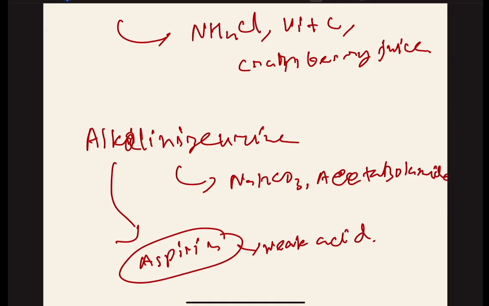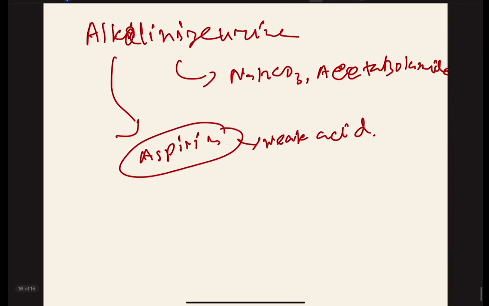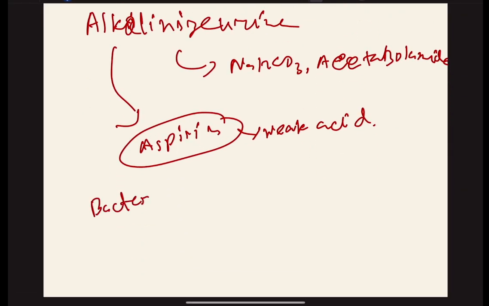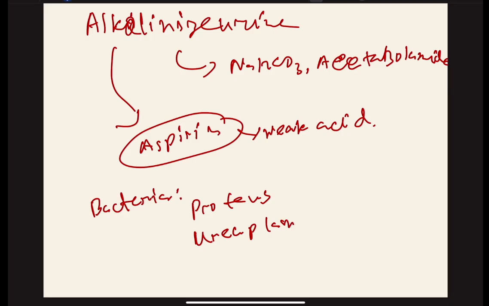To increase the excretion of an acidic drug, you can alkalinize the urine. There are also some bacteria that can make the urine acidic, like Proteus or Ureaplasma. Okay, so that's all for this video. Thank you very much.